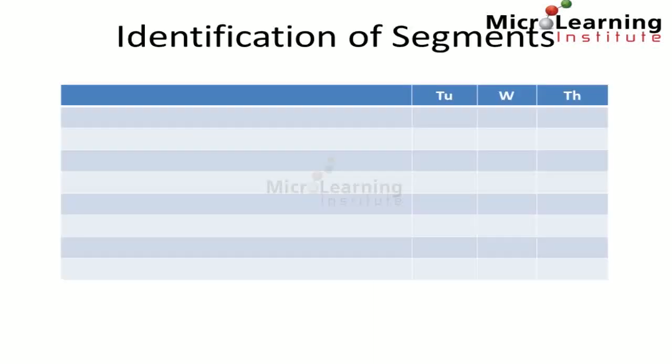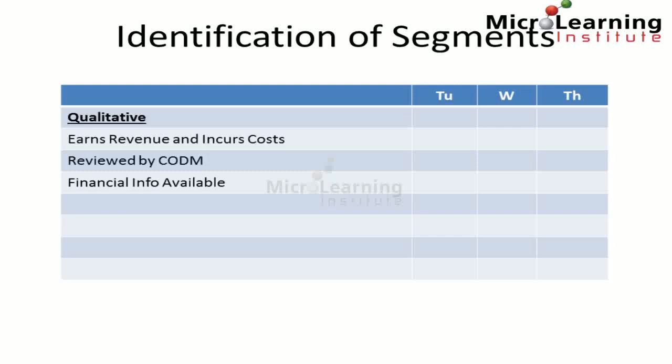So IFRS 8 gives us a number of criteria which determine whether a segment is a reportable segment or not. Some of these criteria are qualitative criteria. That is, things like, does this segment earn revenue and does the segment incur costs? Is this segment data reviewed by the chief operating decision maker?